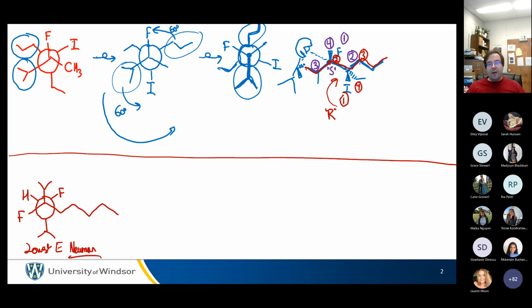The groups with the biggest A values are the 2 isopropyl groups. I have my biggest groups anti to each other, the groups that take up the most space, the most sterically hindered ones, the ones with the biggest A values, however you want to think about that. I do not have my 2 longest chains anti to each other.